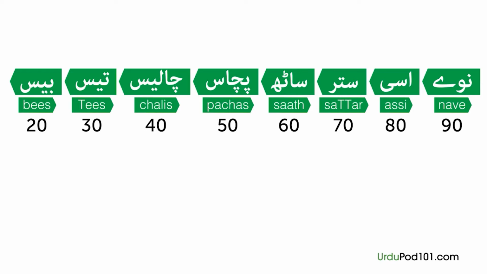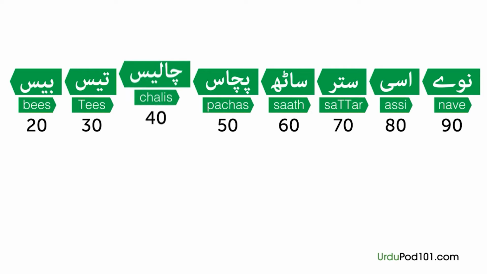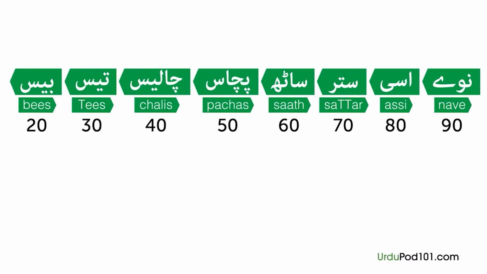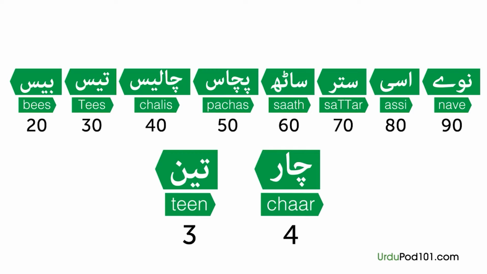While you have to memorize many of the numbers, there is a trick that will make memorizing them easy. Notice that 30 is tees and 40 is chalis. Do you remember what 3 and 4 are in Urdu? Well, let me remind you. 3 is teen and 4 is char.